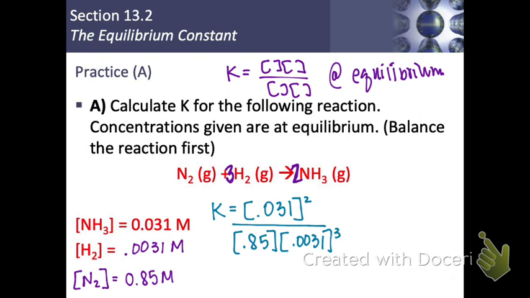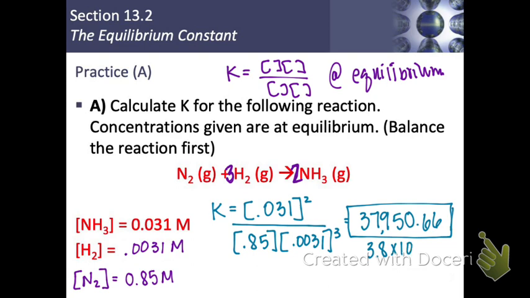I got something pretty large. I got, oh, that's what I got. Okay, and so they rounded this to 3.8 times 10 to the fourth, just because of significant figures.